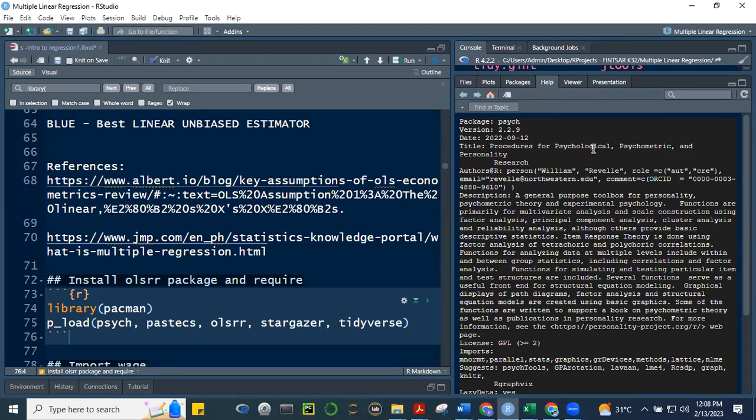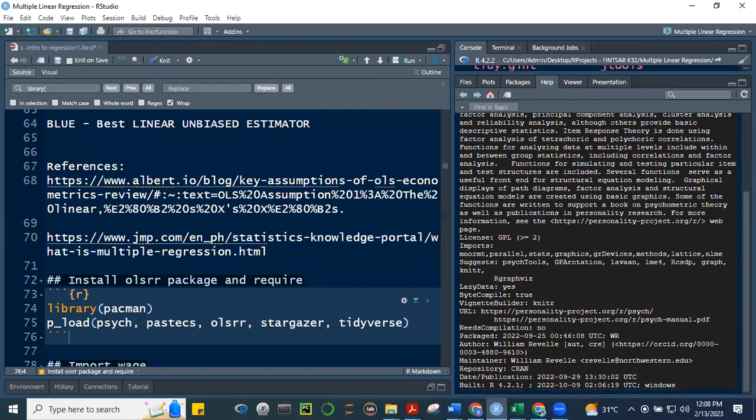So these are procedures for psychological, psychometric personality research. Kasi ang psych class, well, known for research talaga, no? And importante sa kanila yung ito. A general purpose toolbox for personality psychometric theory, functions are primarily for multivariate analysis, scale construction, factor analysis, PCA, cluster, etc. So maraming statistical functionalities dito.